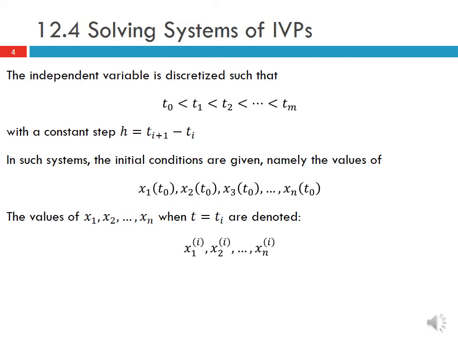The values of x1, x2, xn at the next time step, for example when t is equal to ti, are denoted as shown here, where this i is shown in the superscript.